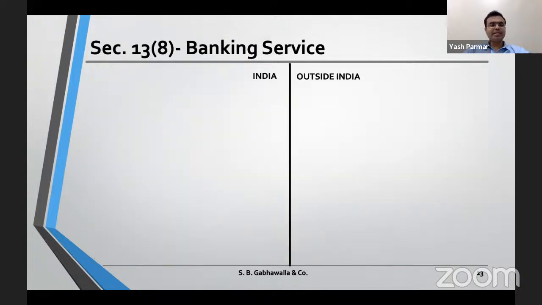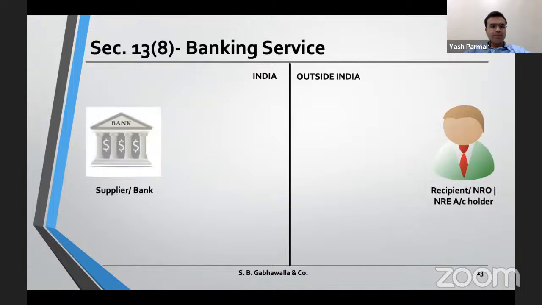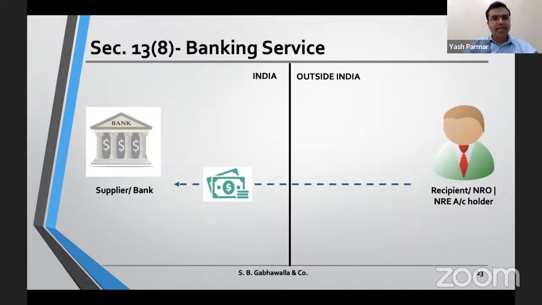Now let us try to understand this with the help of an example. Say there is an NRO or an NRE account holder who is located outside India. He is a resident of a foreign country. He has opened a bank account with a bank in India and is regularly doing transactions in this account with the bank which is situated in India.